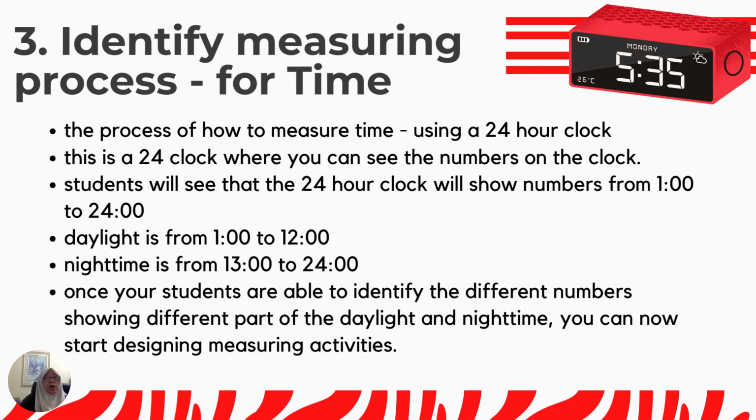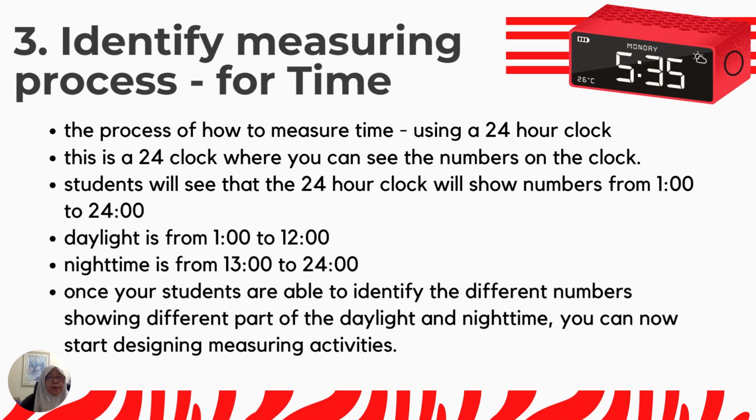Using the 24-hour clock, this is how it's done. So you can see the numbers on the clock. Students will see the 24-hour clock will show numbers from 0100 to 2400 or 0000. Okay, 0 hours. So daylight is from 0100 to 1200. Okay, sorry. This is daylight.